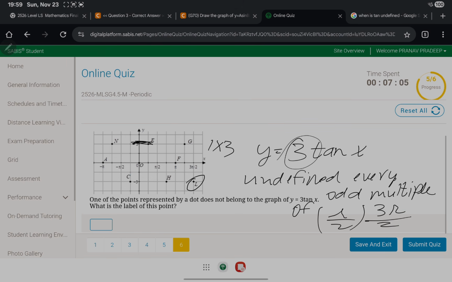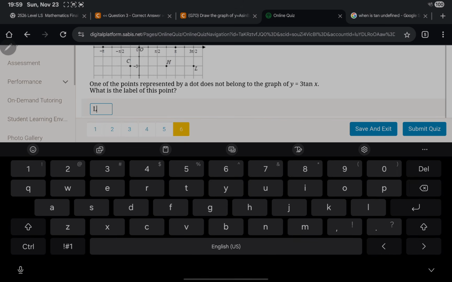So try doing that on your calculator. Tan of 3 times pi, which is 3 times 180 over 2. It'll give you an error on your calculator, so that indicates that it's undefined, so it does not belong to the graph. So I'm going to write L.